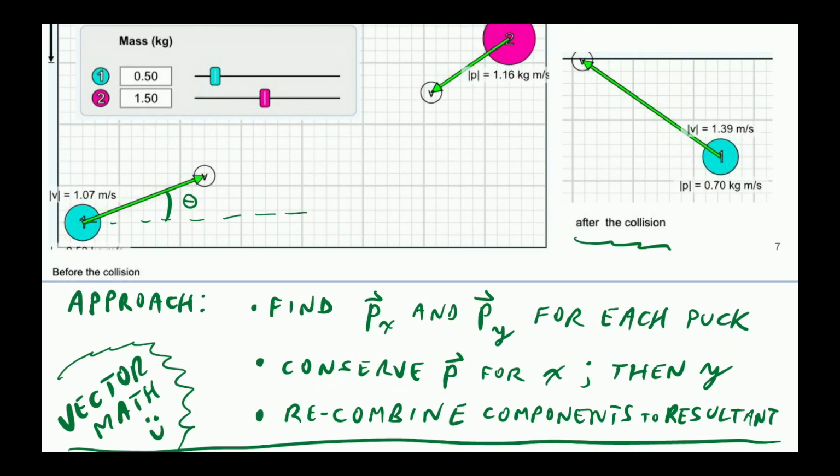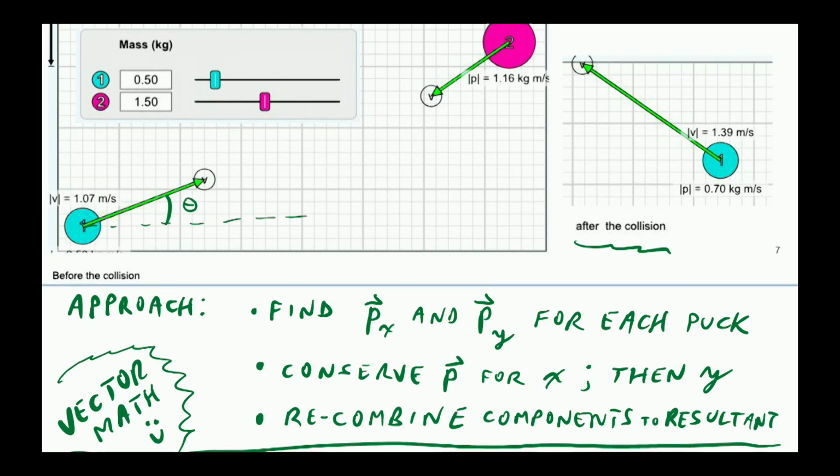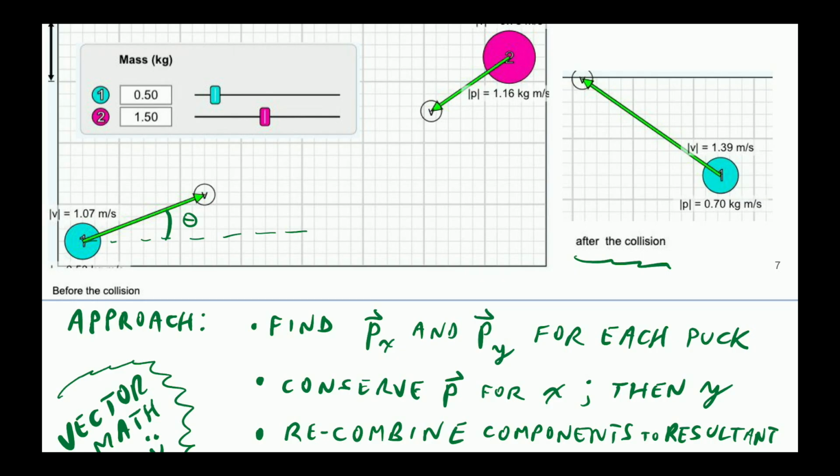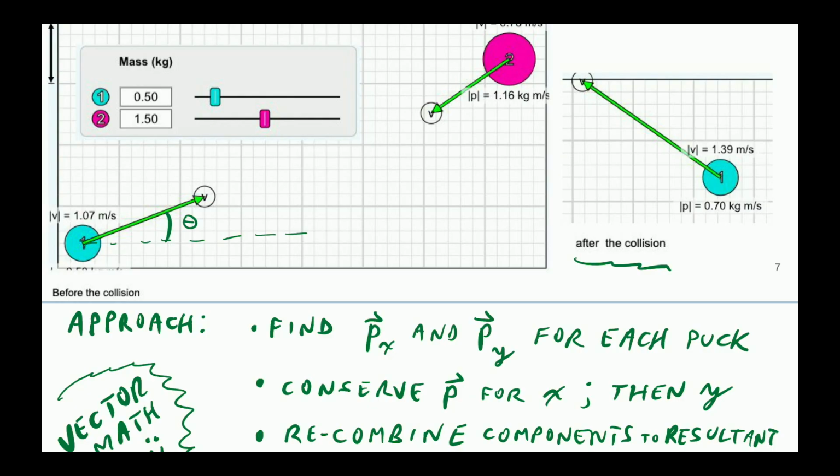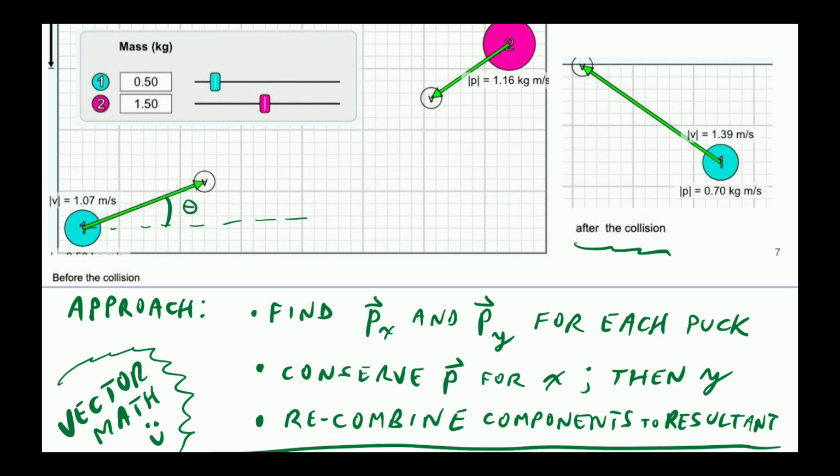Okay, so the approach to solving a problem like this is you find the momentum for each puck, then you conserve momentum, first in the x direction, then separately in the y, and then you recombine the components into the resultant. You'll notice this recipe is the same one we've used for other vector arithmetic.